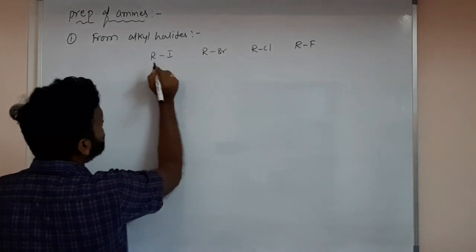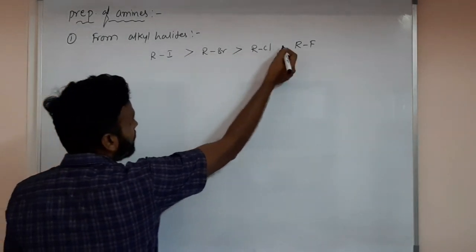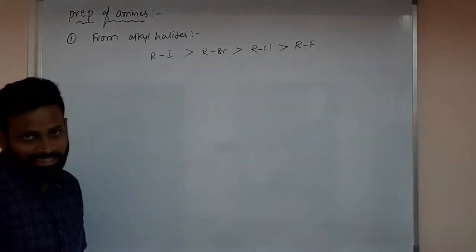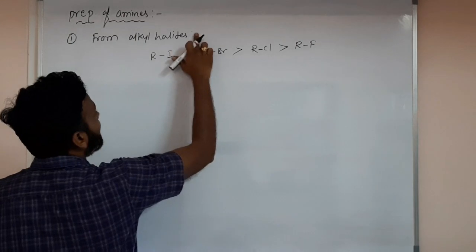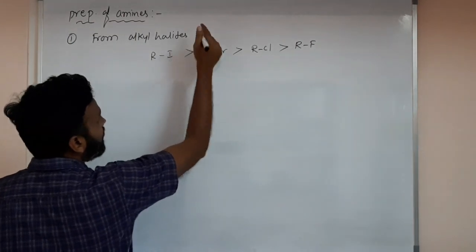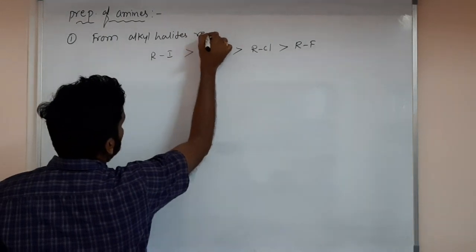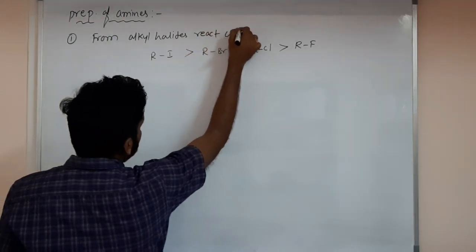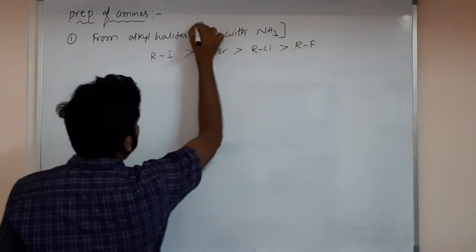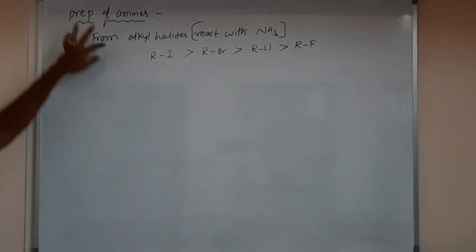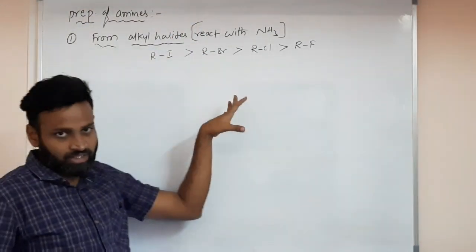Among these, alkyl iodides are more reactive with ammonia. So from alkyl halides, we are preparing amines. When alkyl halides react with ammonia, NH3, we have an order of reactivity here.